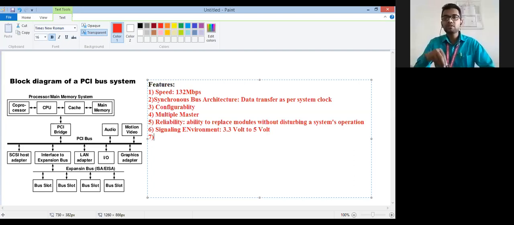So PCI bus generally supports 32 bit and 64 bit addressing. Means you can address 64 bit of data in memory. So memory transfer.